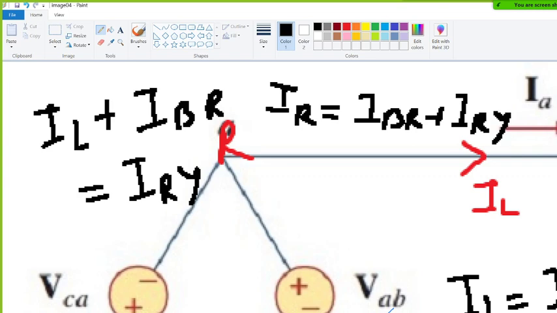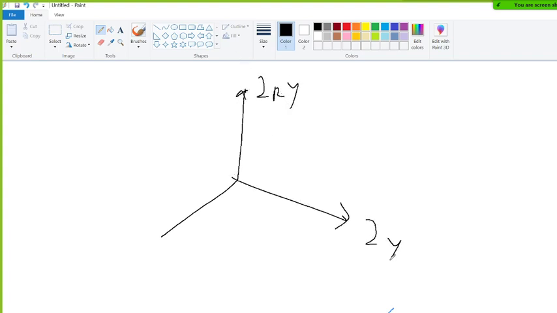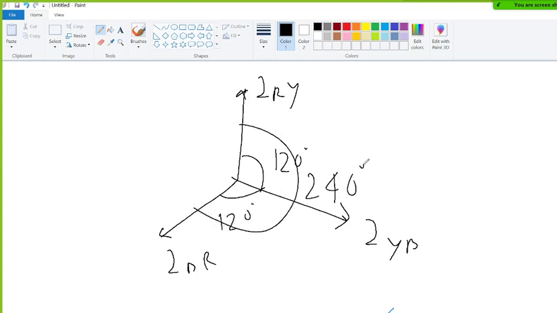We had seen that. This is 120 degrees. This is 120 degrees. So this is 240 degrees. That is what I have written. This is 120 degrees from yesterday, this is 120 degrees, so this is 240 degrees.